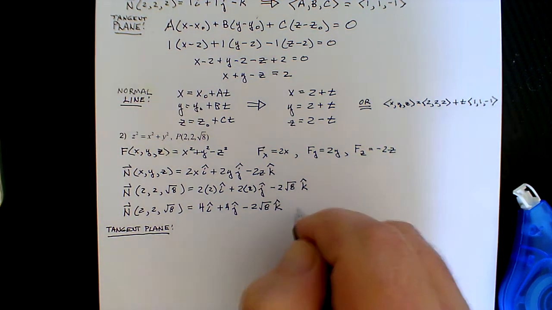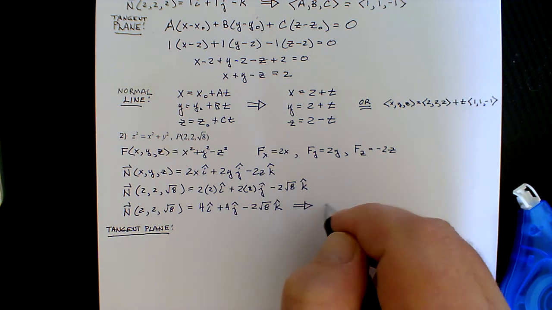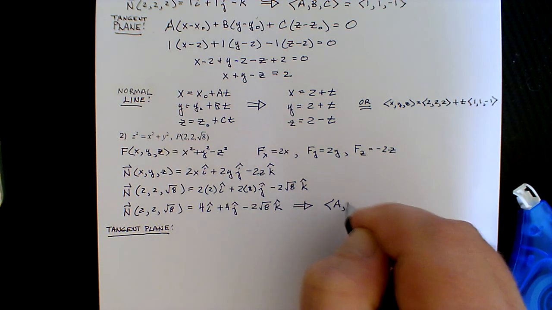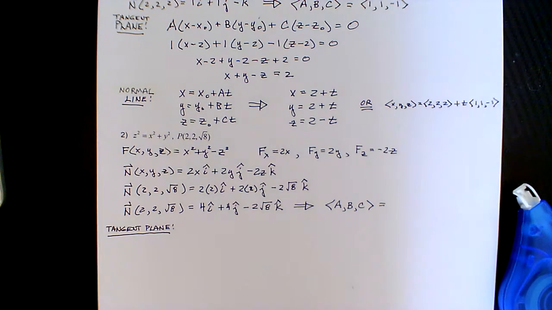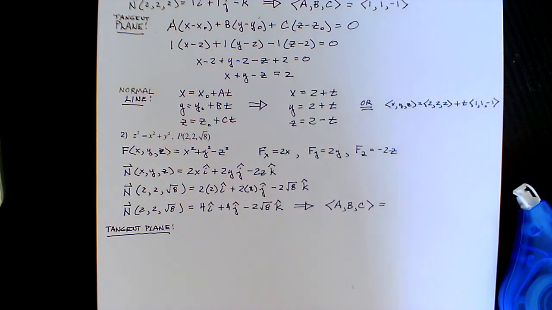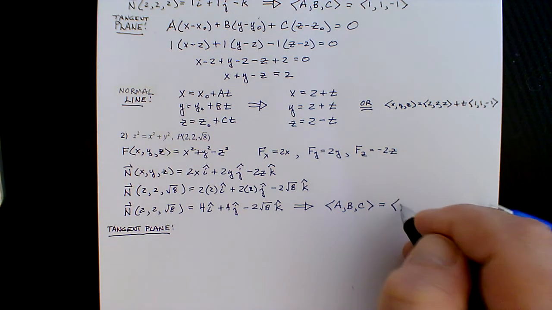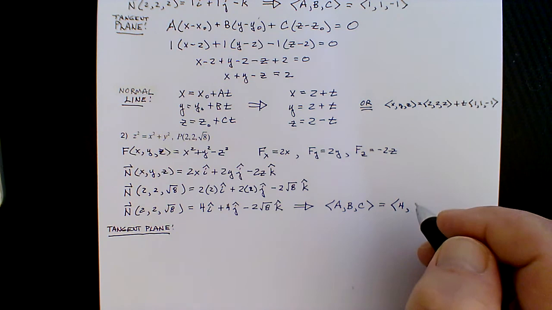And you may want to just consider that this just makes it easier to think of, that the normal vector ABC, excuse me, in the equation for the tangent plane is just the coefficients of the i, j, k, respectively, of this normal line.